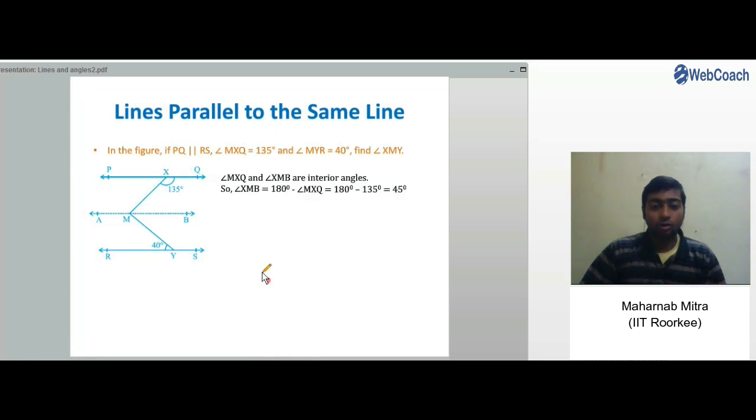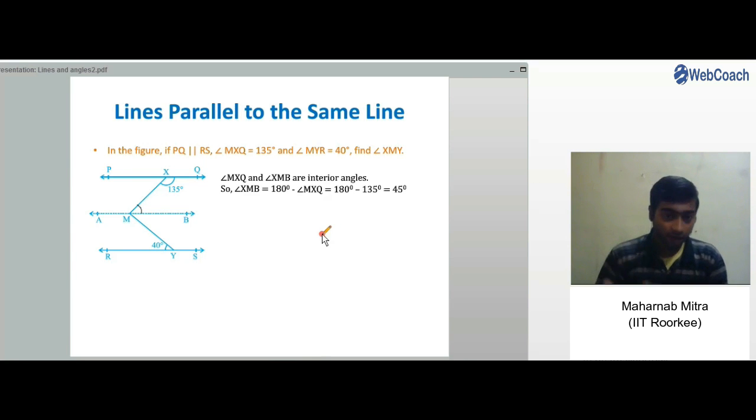So how do we do it? Angle MXQ and angle XMB are interior angles, and which are they? Angle MXQ, this angle, is 135 degrees, and angle XMB is this angle. You can see these are co-interior angles, right?